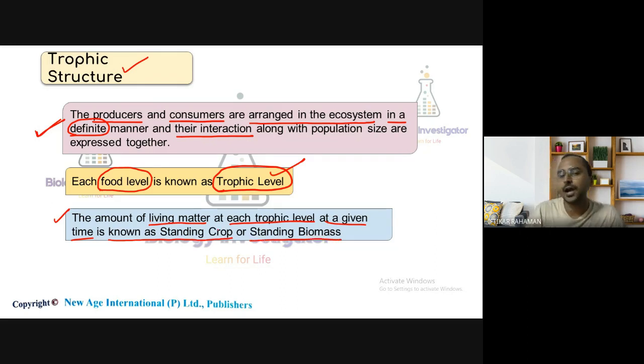So this can be asked in the examination: what is standing biomass, what is standing crop. So you need to write like this: the amount of living matter at each trophic level at a given time is known as standing crop or standing biomass.